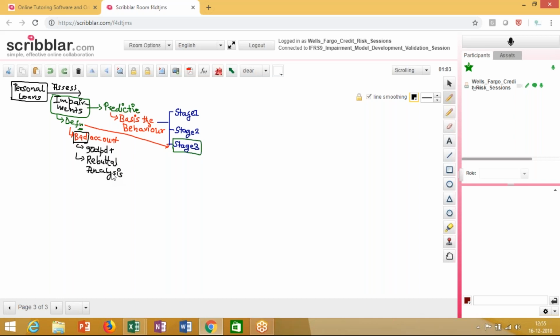So while it says that an account is bad if it's 90 plus DPD, it leaves an element of flexibility to the business by providing the rebuttal analysis, where the financial institution needs to provide substantial evidence that they are rebutting 90 days past due and accepting their own bad definition.